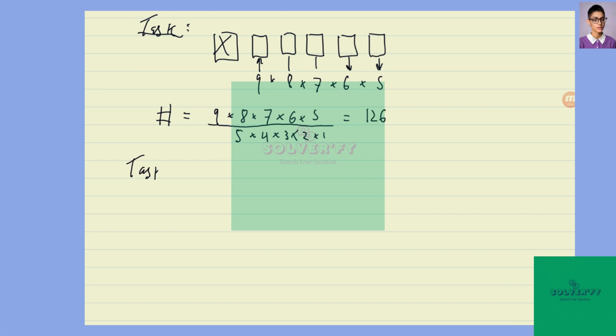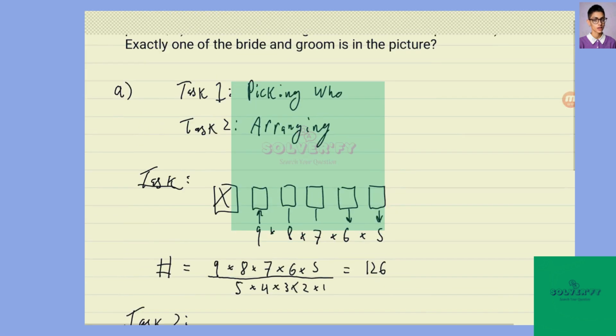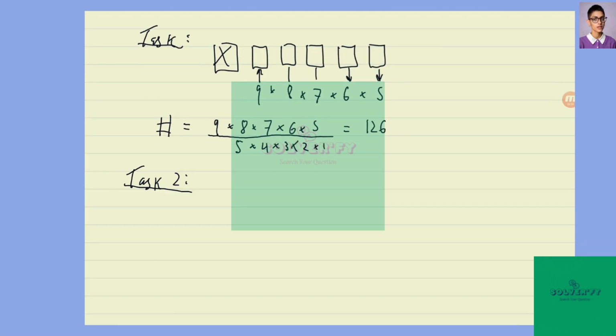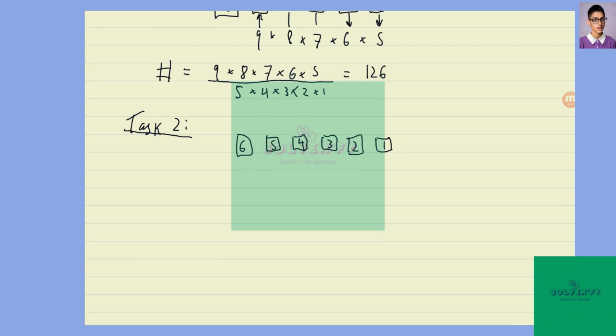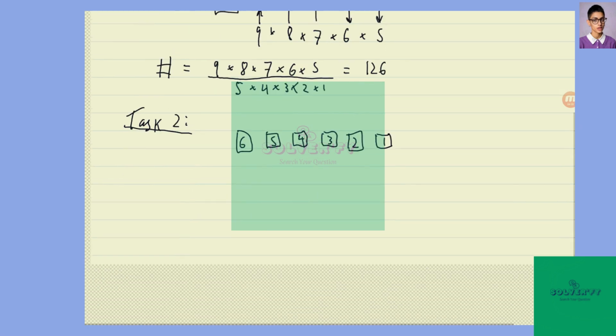For the second task, we are arranging our group of 6. So, for this, we're arranging them in a row, and we're not told at all about who needs to sit where. So we'd have 6 ways of choosing the first person, 5 ways of choosing the second person, 4 ways of choosing the third person, 3 ways of choosing the fourth person, 2 ways of choosing the fifth person, and 1 way of choosing the sixth person out of the group that we arranged for the first task.